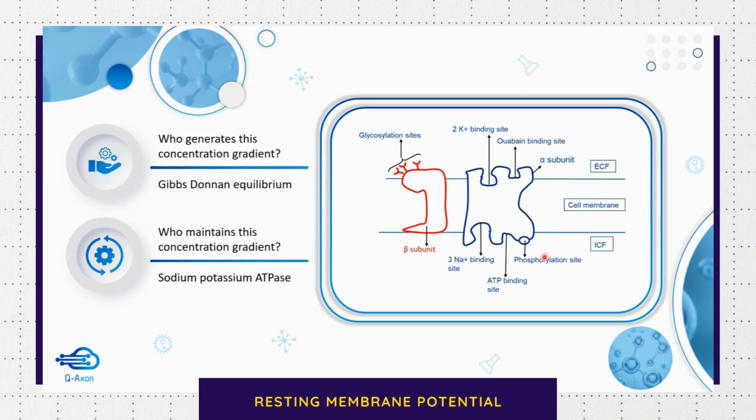So by virtue of this, it also contributes a little to the resting membrane potential. Approximately minus 4 millivolt of resting membrane potential is due to the functioning of sodium-potassium ATPase. So it has 2 roles: maintaining the concentration gradient, and it also generates minus 4 millivolt of electronegativity inside the membrane.